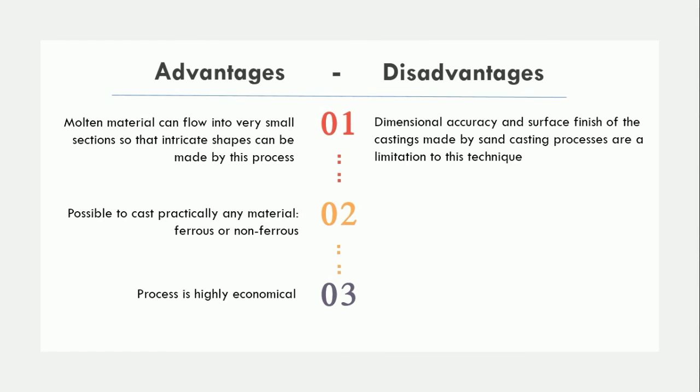But nowadays, many new casting processes have been developed which take into consideration dimensional accuracy and surface finish. Some of these processes are die casting and investment casting. Again, with vacuum casting, you get good dimensional accuracy and surface finish.